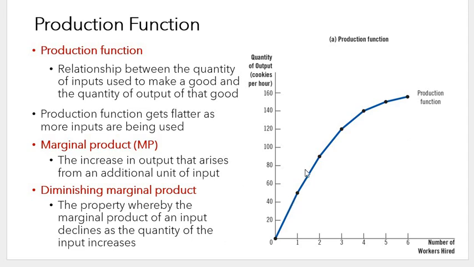And that explains why we're seeing a flatter and flatter production function, because the more inputs, the less efficient the production process will be. And we call this a diminishing marginal product. So this is a very powerful concept you could learn from microeconomics.